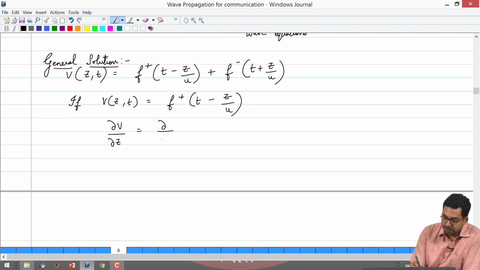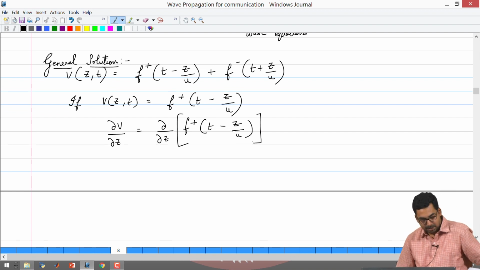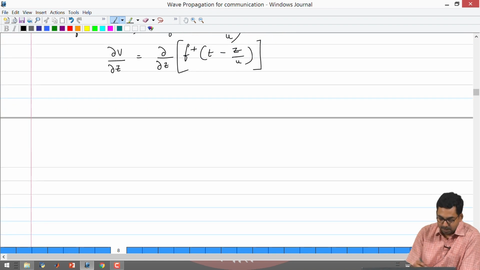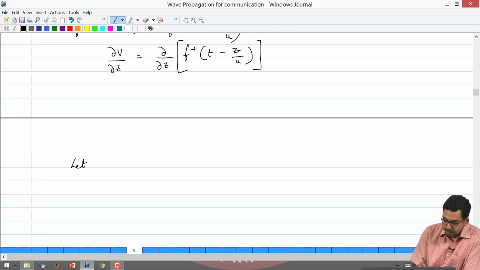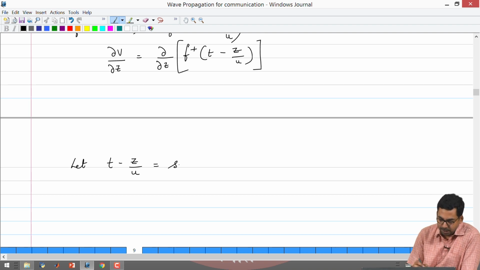So, it will be dou by dou z of f plus of t minus z by u, right. And we can use a change of variables over here. You can say that let t minus z by u be equal to some variable s, okay.